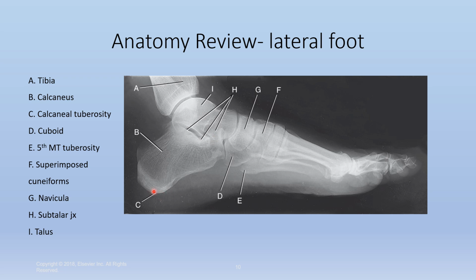C is the calcaneal tuberosity, D is the cuboid, E is the tuberosity at the base of the 5th metatarsal, F is the superimposed cuneiforms, G is the navicular, H is the subtalar joint right here, and this is pointing to just the talus. That is referenced on page 217, figure 6.13.